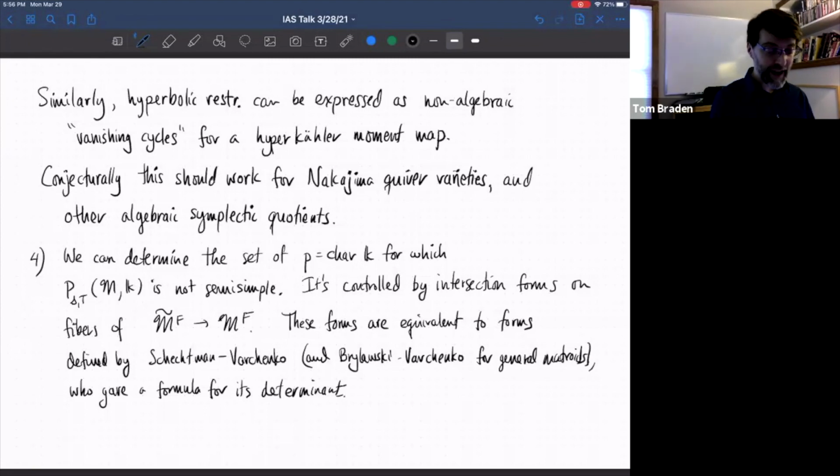They gave a nice formula for the determinant, which is a product over certain special flats, and you just sum some small integers. So yeah, I won't write the formula, but there is a very nice answer that's easy to compute for which primes are relevant for these algebras.